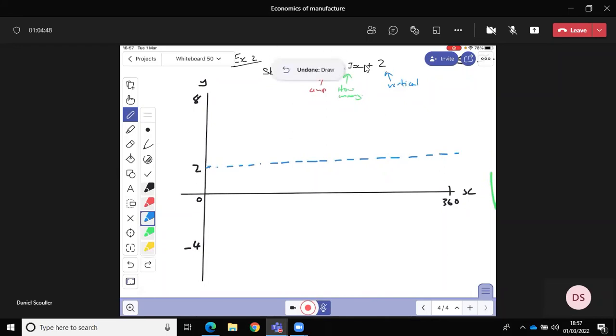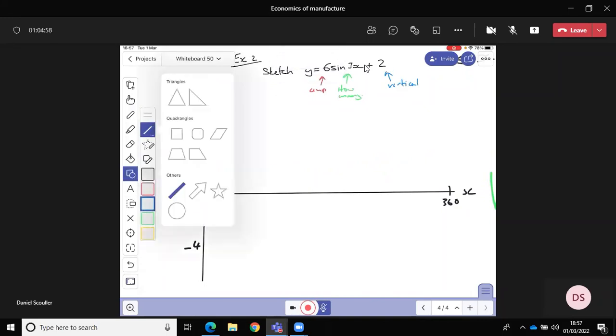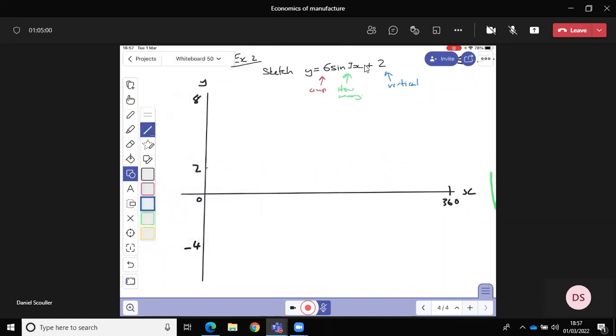Of course I can't draw a dotted line. So best you can, draw a dotted horizontal line for where your start finish is going to be.